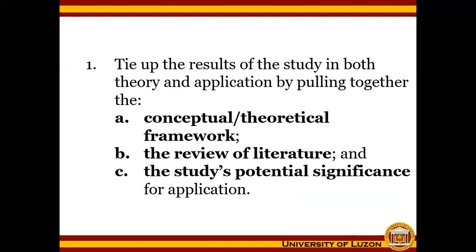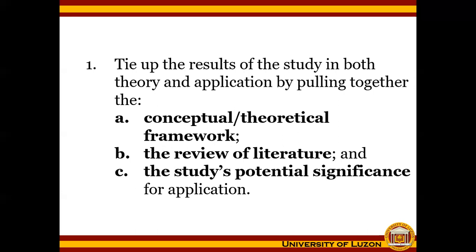These are some of the tips that are helpful in so far as the interpretation is concerned. Number one is to tie up the results of the study in both theory and application by pulling together the conceptual or theoretical framework, the review of literature, and the study's potential significance for application.